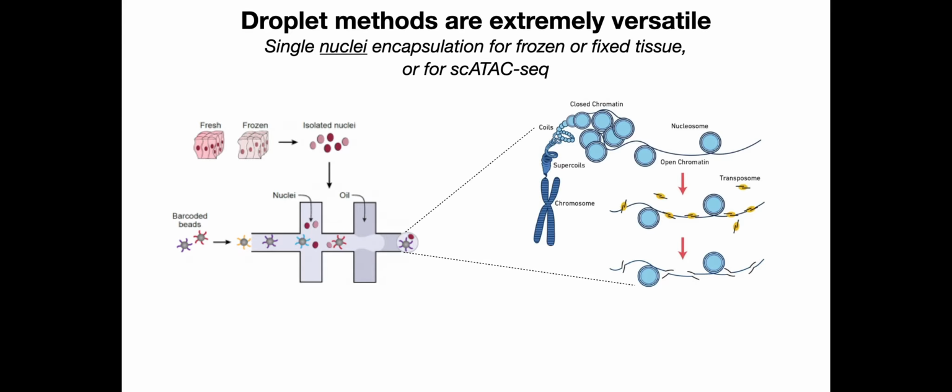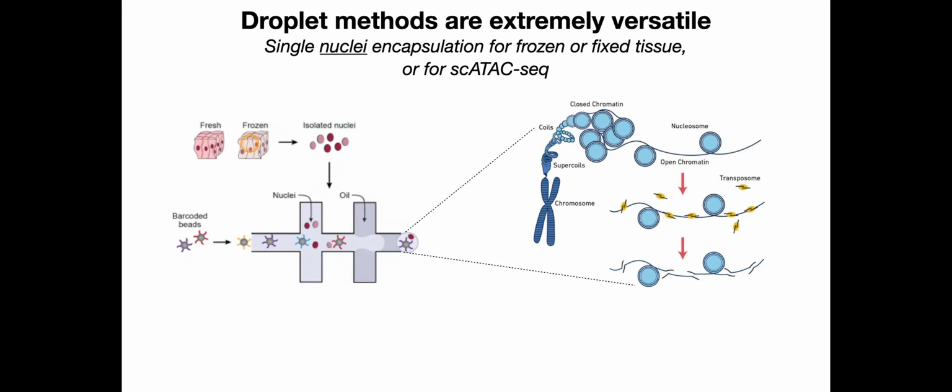This idea of multiplexing assays or using the droplet technology in really versatile ways extends far beyond site-seq. In fact, instead of flowing whole cells into the fluidic devices, you can use just nuclei. And that's important because in some cases, tissue, even if it's fresh, it can be hard to get some cell types out of the tissue intact.